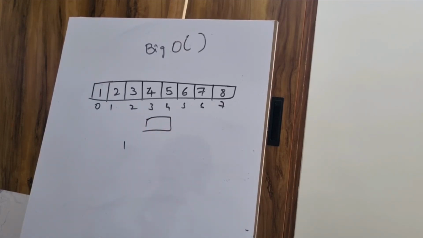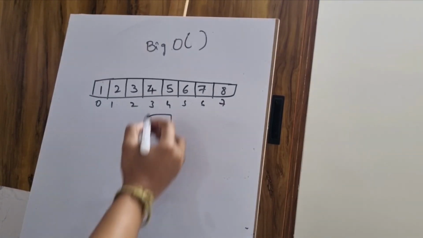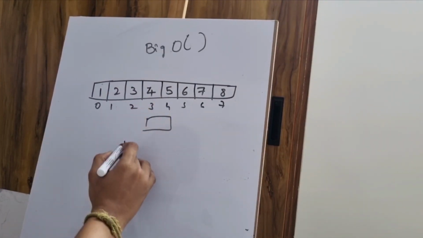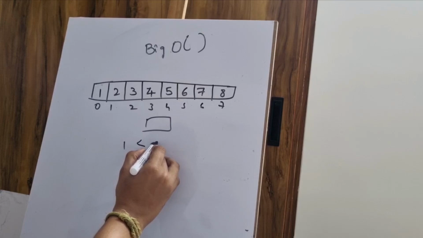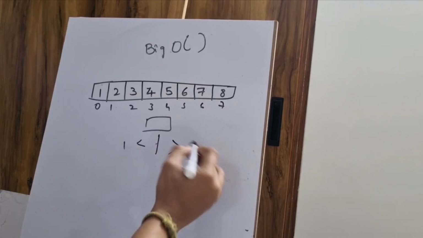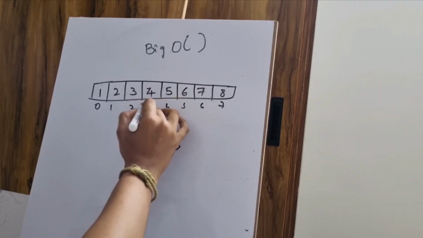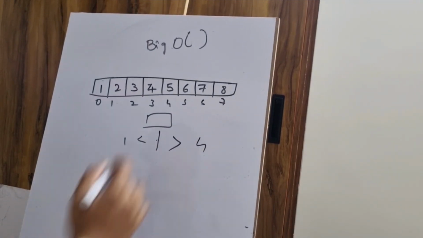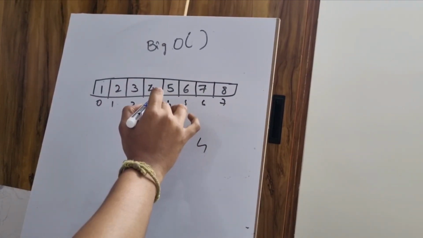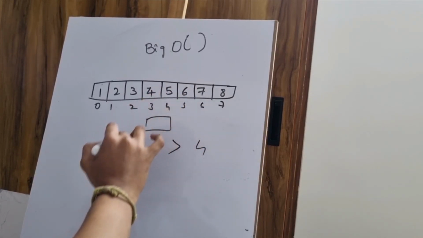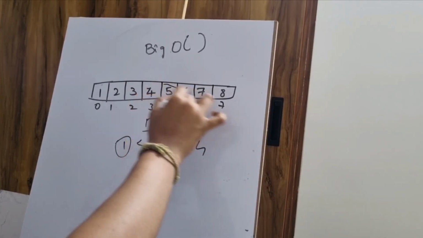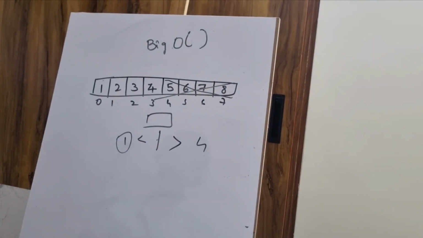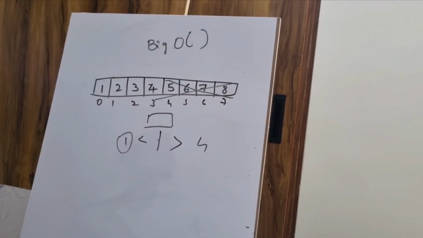If you divide 7 by 2, you get 3 in integer format. So you compare, is 1 lesser than or greater than your value at index 3? The value at 3 is 4. So you can say firmly that this value does not exist in the right half of the array, the part greater than the middle number. So you can eliminate this entirely, right?